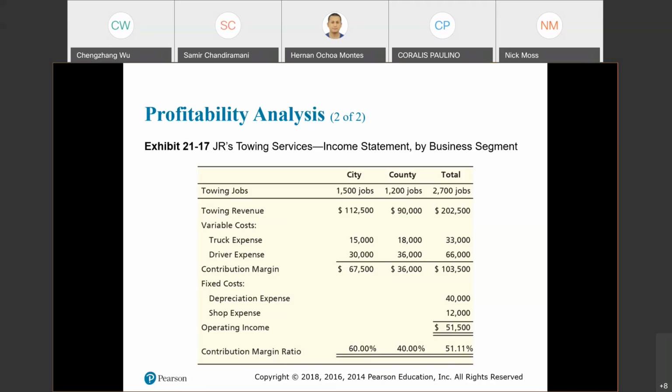So here is a revised income statement showing more detail, segmented by business segments, city and countryside. But here is where you should pay attention. The fixed cost is listed only in the total column.